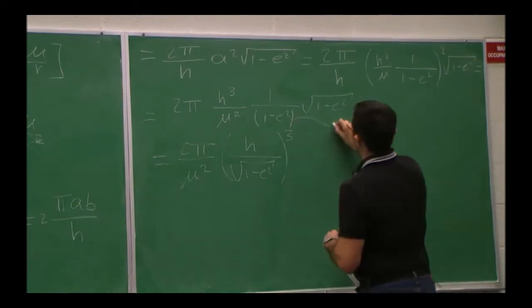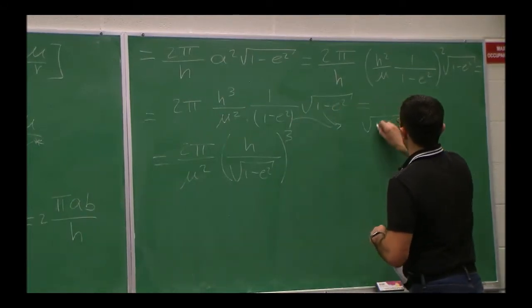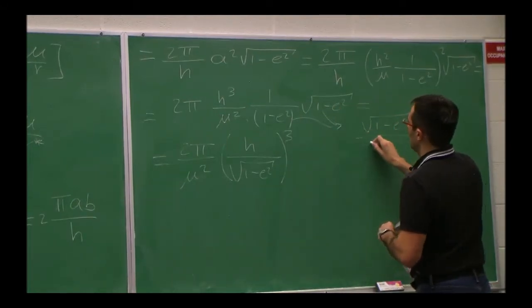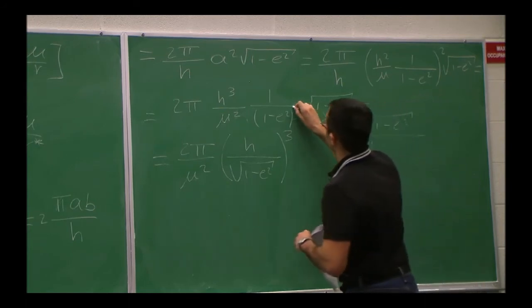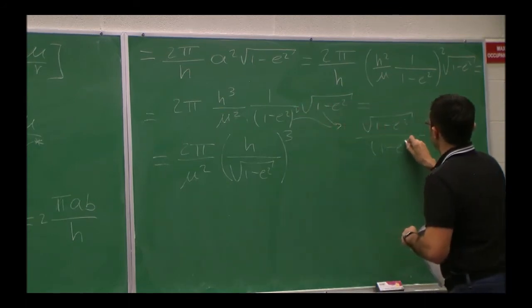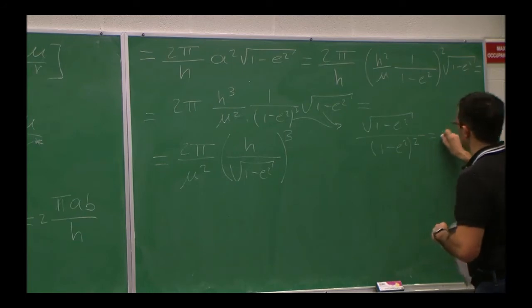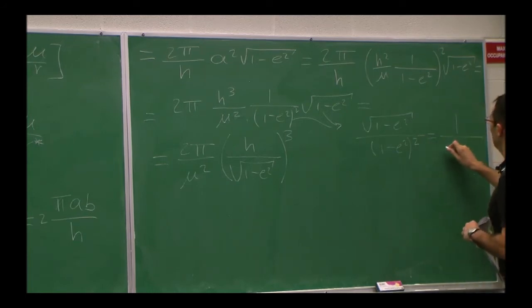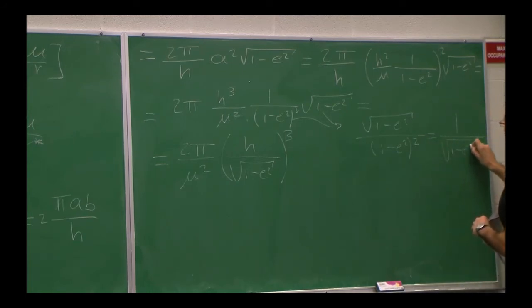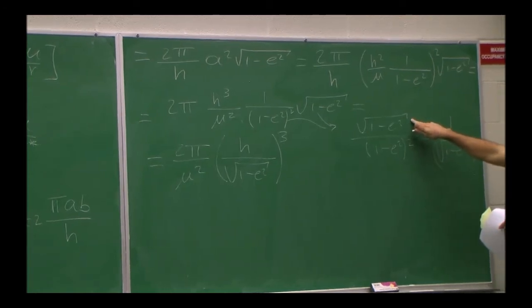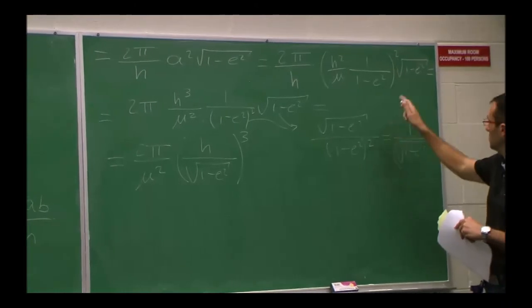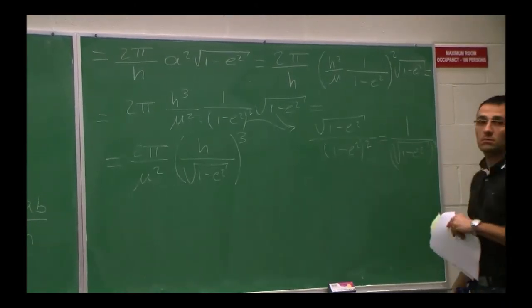This ratio here between these two, it's square root of 1 minus e squared over, I think I forgot a square here, right? Yeah. 1 minus e squared, everything squared. So this is equivalent to 1 over square root of 1 minus e squared cubed. Because this is 1 over 2 power, this is minus 2, you get this.